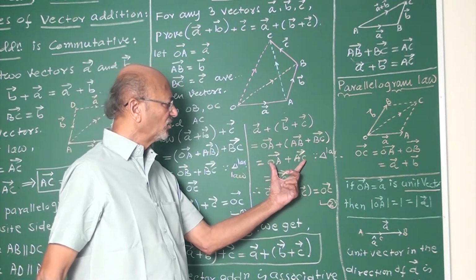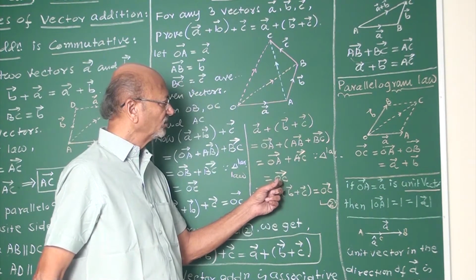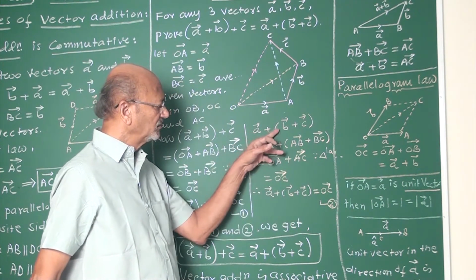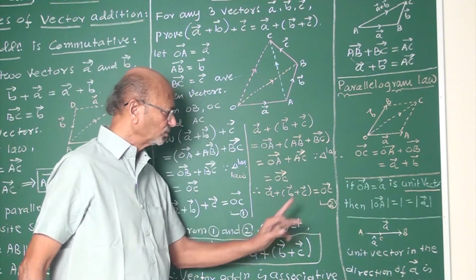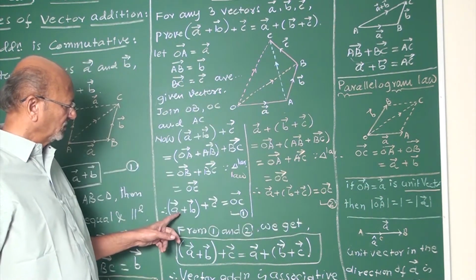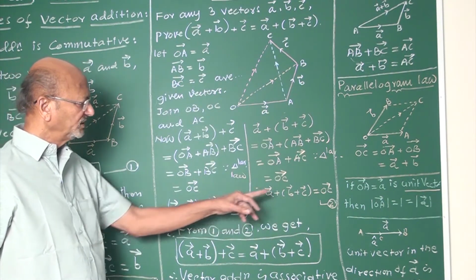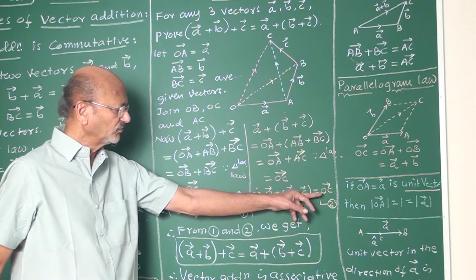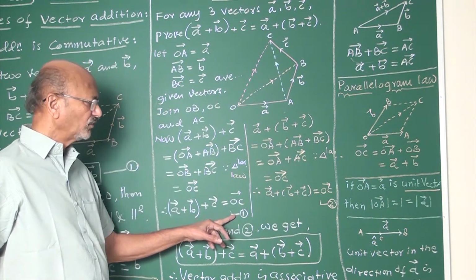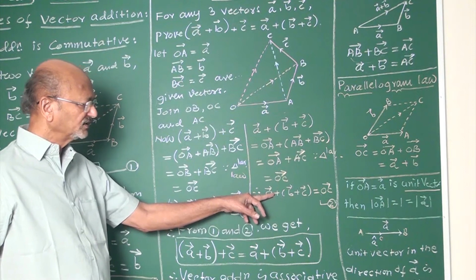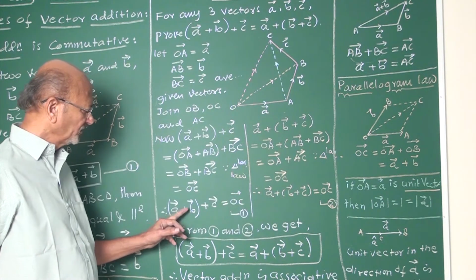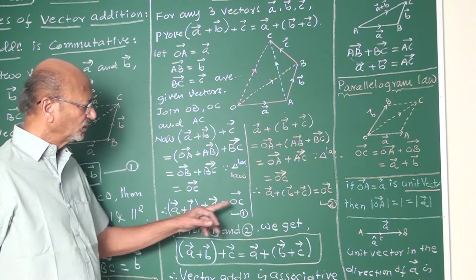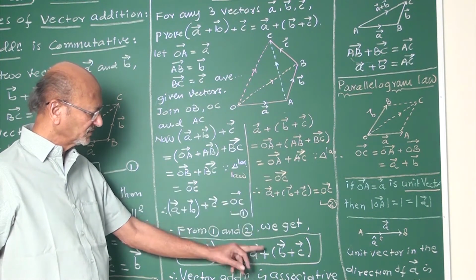Once again, the triangular law. OC. Therefore, A plus B plus C is OC. Name this as 2. Comparing 1 and 2, the LHS and RHS are both OC, so they are equal. So we have A plus B plus C equal to A plus B plus C.